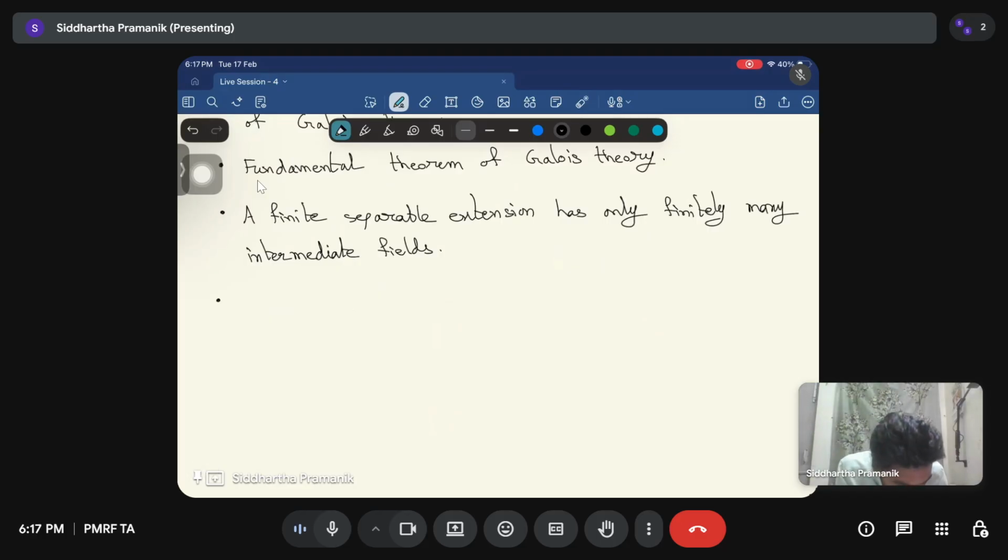And in the end, we have done one proof of the fundamental theorem of algebra using Galois theory.